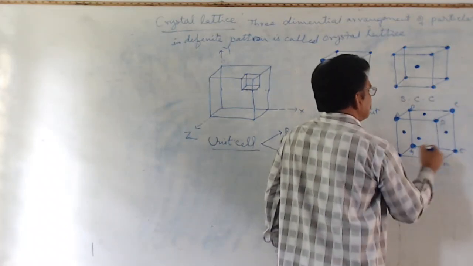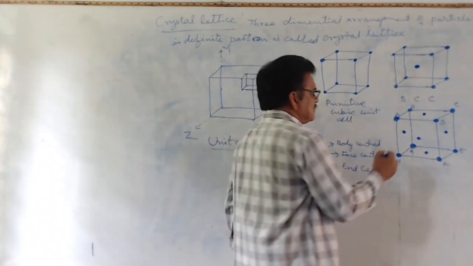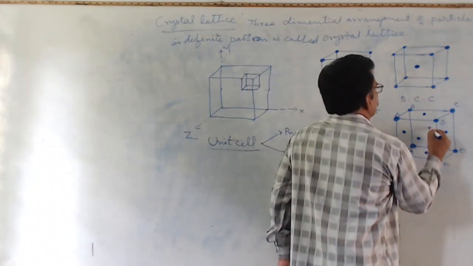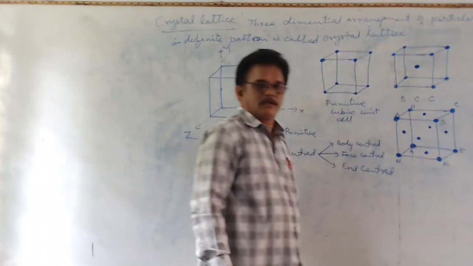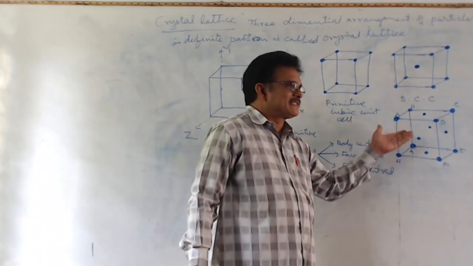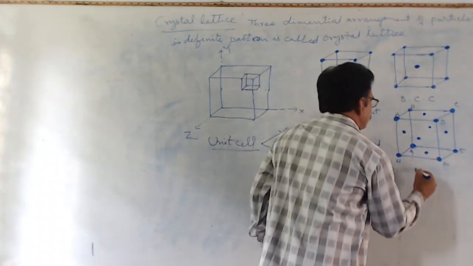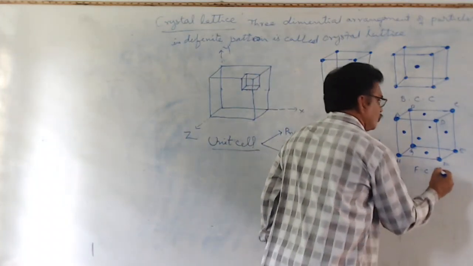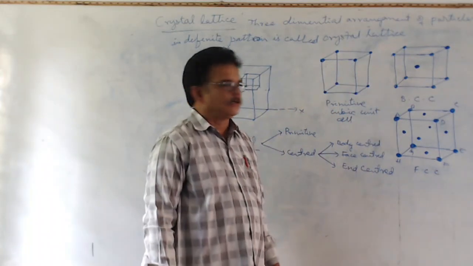Similarly, BCGE is the rear face of the cube. Say this is the center of the rear face of the cubic unit cell. So like this, 6 face-centered points are present in this cube. This is the face-centered cubic unit cell.